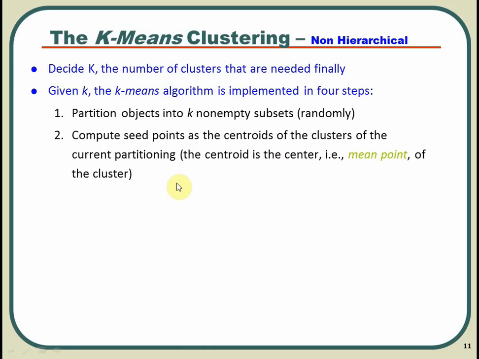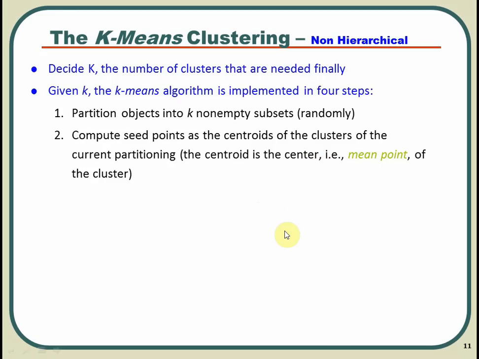So in each cluster you have several objects. You calculate their centroid, you calculate their seed point. That's what gives you the seed. You calculate their mean for each of the objects. So in a particular non-empty subset, let's say the 5th subset, you have say 15 observations. You are taking the centroid of the 15 observations.